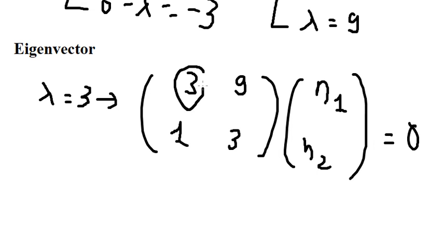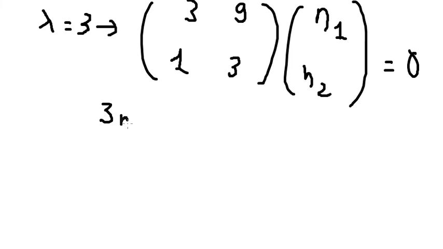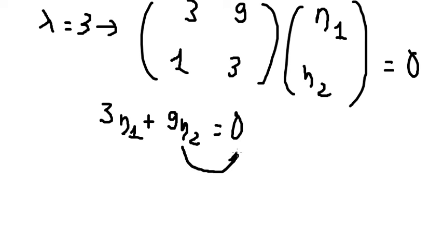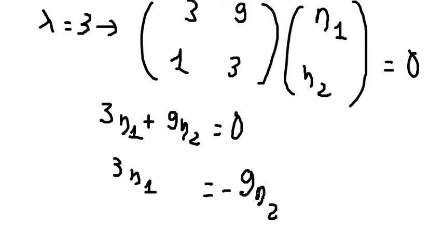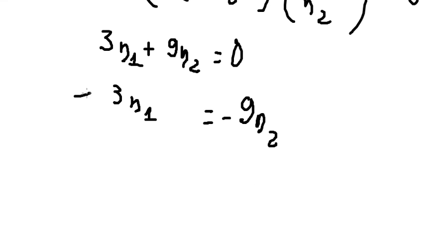So number 3 multiplied by n1, number 9 multiplied by n2. So I will put this one in here. Then we divide both sides by negative number 9.